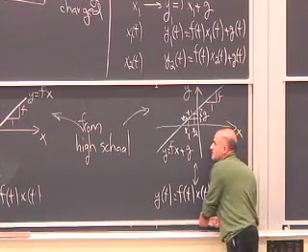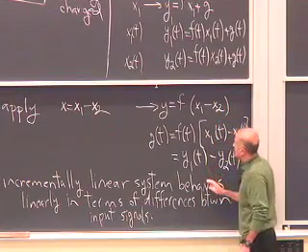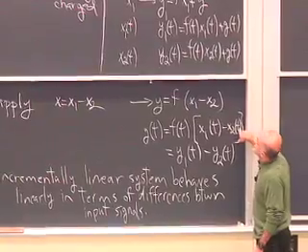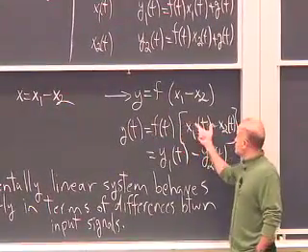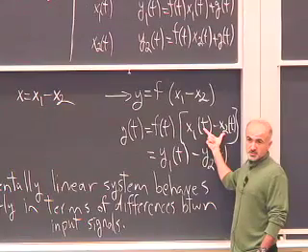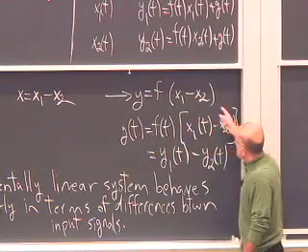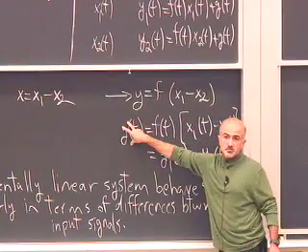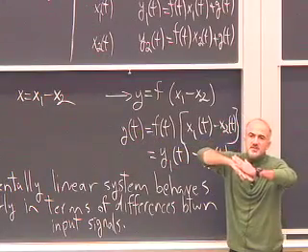So this is actually not the response. Maybe the confusion is that I'm not saying that this will be the response due to this signal. But you can model this as a linear system in its own right. In other words, you just have an offset.